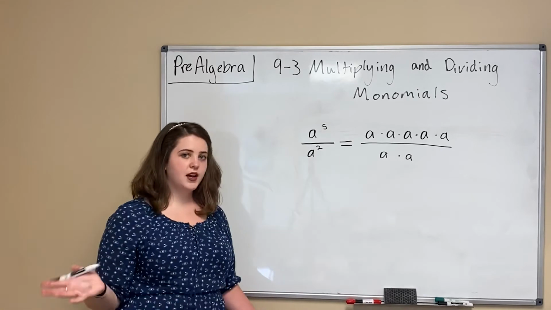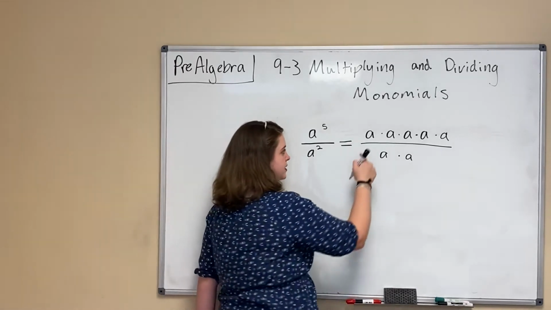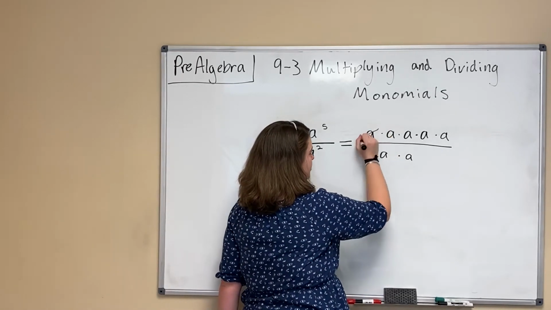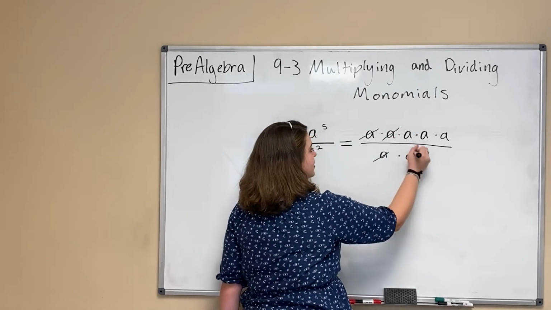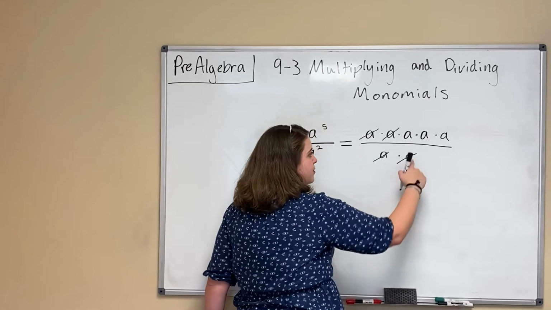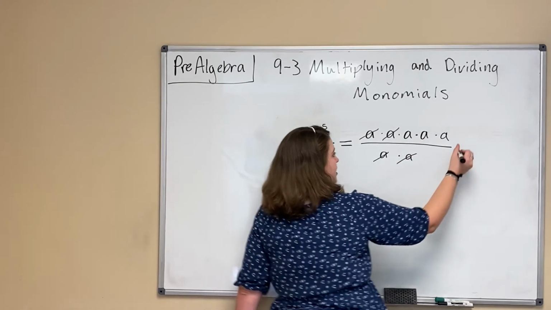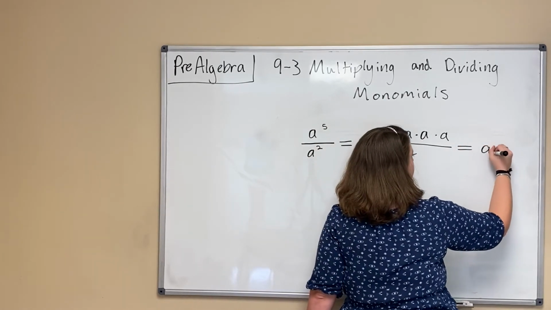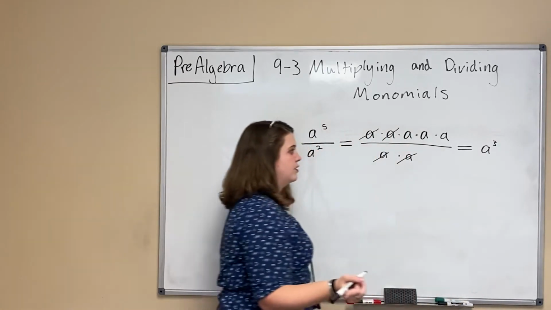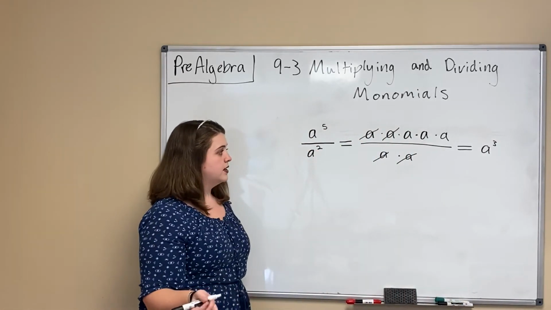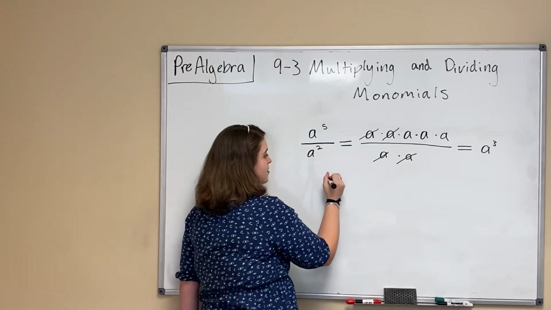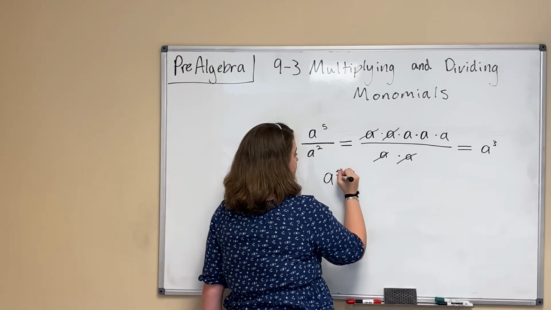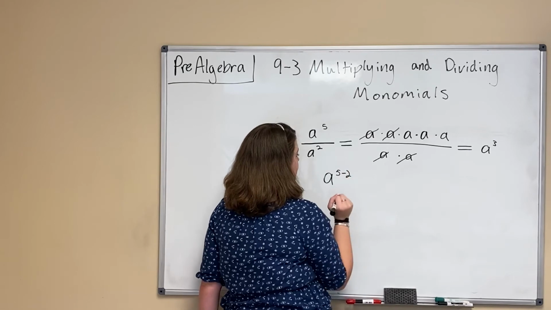Now as I'm dividing, simplifying this fraction, a divided by a is 1. Those guys are going to cancel out. A divided by a is 1. They're going to cancel out. And what I'm left with here is a to the third. Now you'll notice a to the third is the same as if I took a to the 5th minus 2.